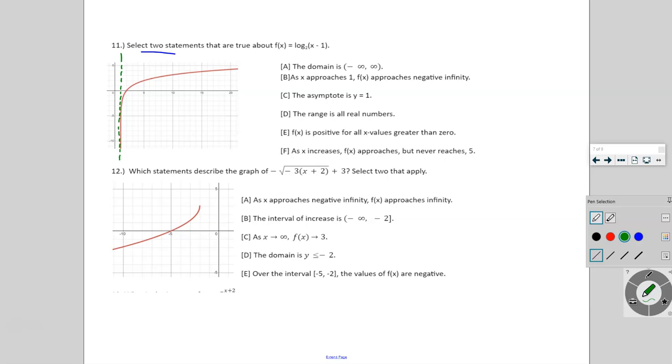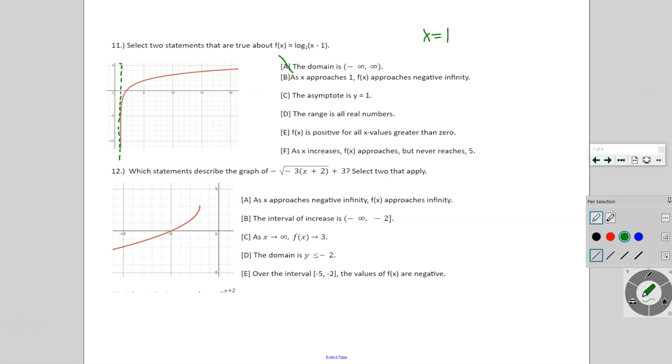Since it's a log, the asymptote is going to be vertical, going through the x-axis, and I can indicate that my asymptote is at 1. First one: the domain is negative infinity to positive infinity, which means all real numbers. That is not true because I cannot go left to right freely. Why? Because I have my asymptote here. So that would not work.